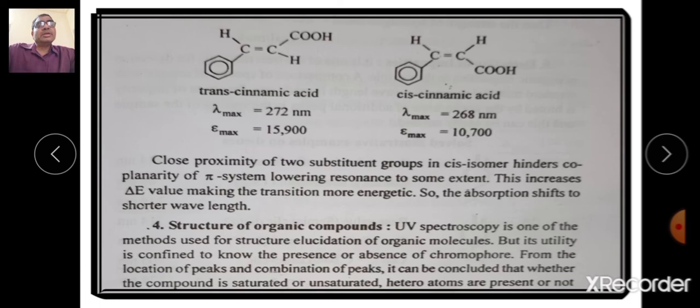Also, the epsilon max value for trans is more than the cis isomer. Now, why does this happen? The close proximity of two substituent groups in the cis isomer hinders coplanarity of the pi system, lowering the resonance to some extent, and this increases the delta E value, making the transition more energetic. So the absorption shifts to shorter wavelength.